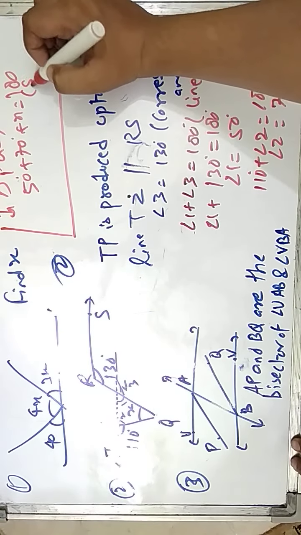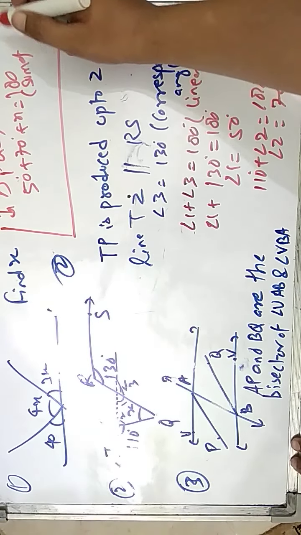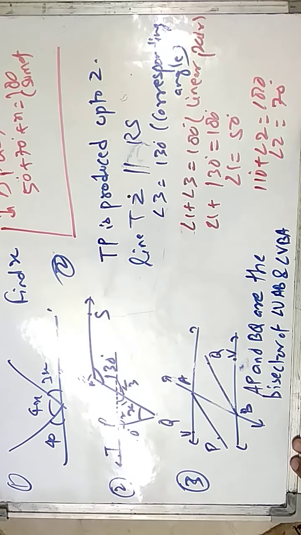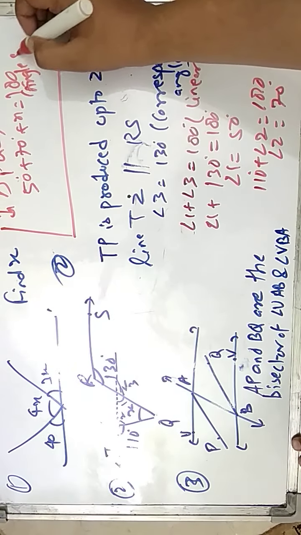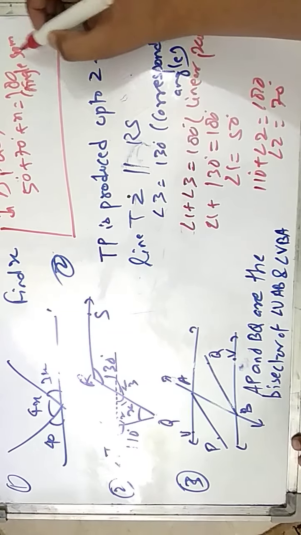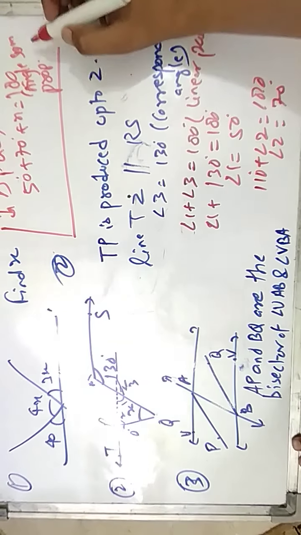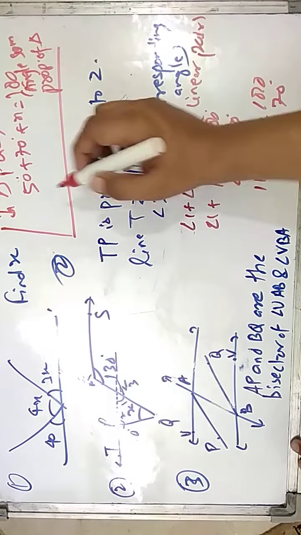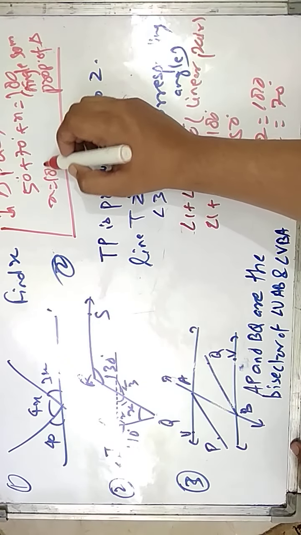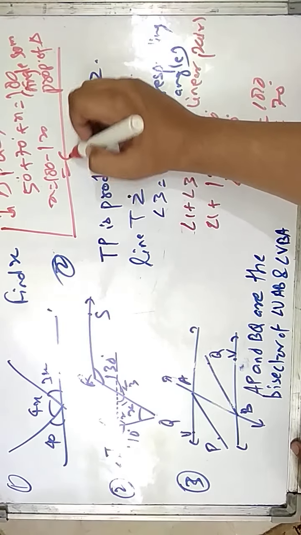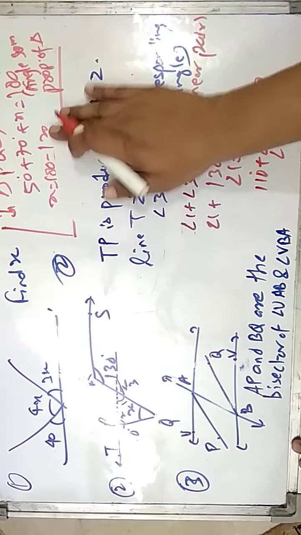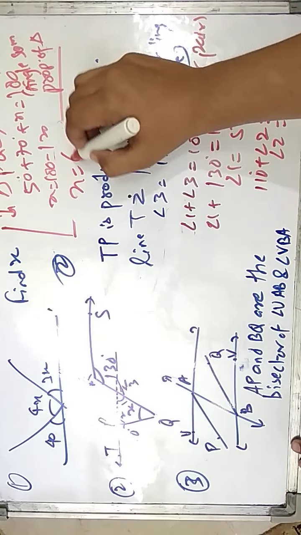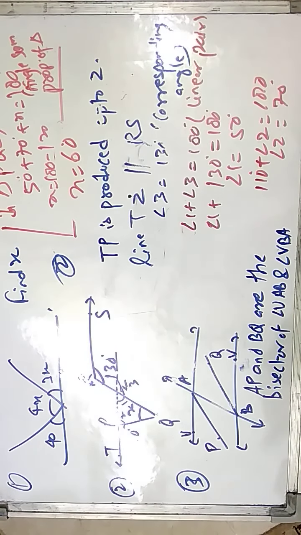It is by angle sum property of triangle. ठीक है, write down angle sum property of triangle. So the x will be 180 minus 120, it is 60 degrees. Okay, it is x. It is the value of x.